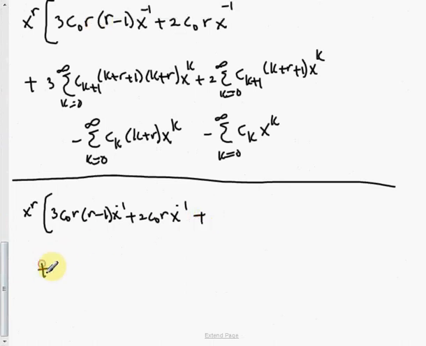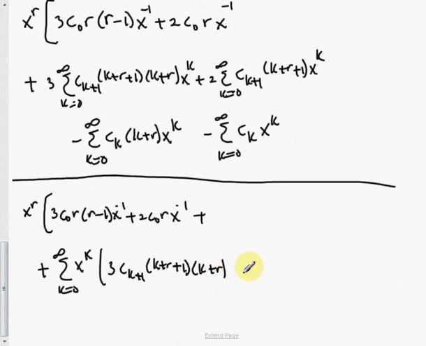Say plus this summation as k goes from 0 to infinity of x to the k, in parentheses, that 3 on the outside, don't want to lose that, times c sub k plus 1 times x plus r plus 1 times k plus r, then that's plus 2 times c sub k plus 1 times k plus r plus 1 minus c sub k times k plus r, and then that's minus this c sub k here.